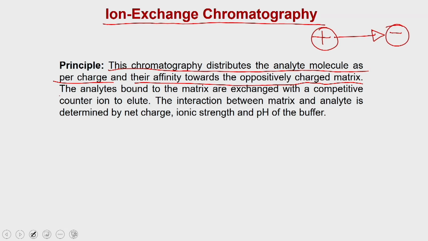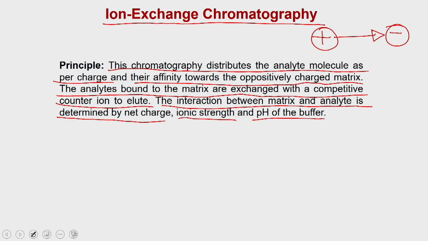The analyte bound to the matrix is exchanged with a competitive counter ion to elute. The interaction between the matrix and analyte is determined by the net charge, ionic strength and the pH of the buffer.